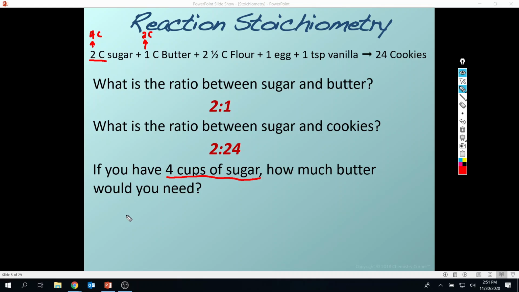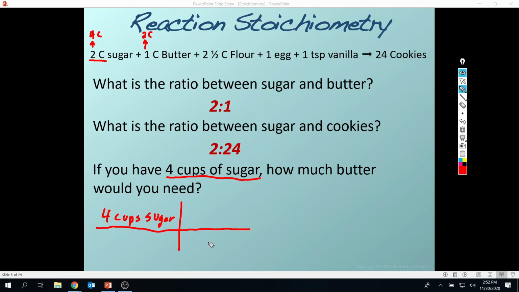What if it's not easy to double? That is when we will use some of our skills from previous units, and we will say, hey, if I start with 4 cups of sugar, you guys know where this is going. Dun dun dun. The grid.